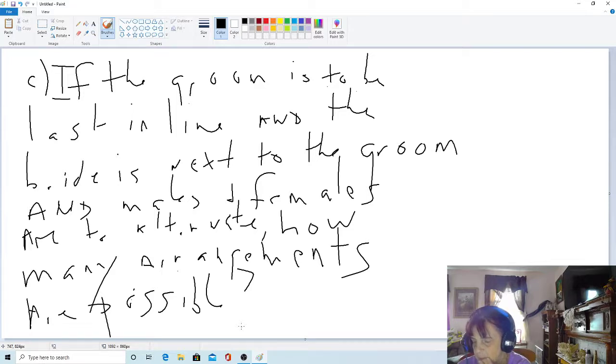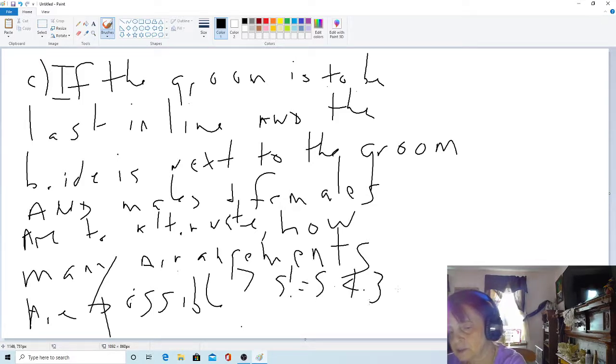Okay, you've got a best man, a maid of honor, four ushers, and four bridesmaids. So that's really five men and five women, right? So that would be 5 factorial, which is 5 times 4 times 3 times 2 times 1, which is 120, times 5 factorial.